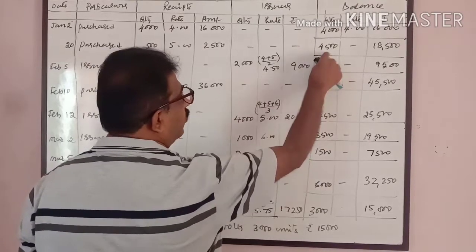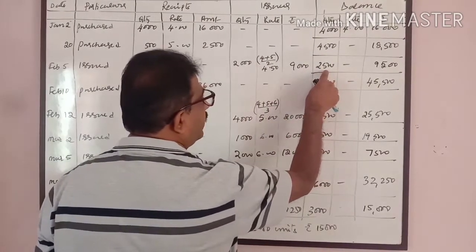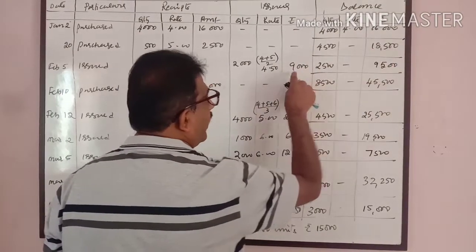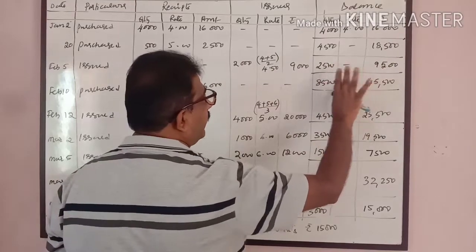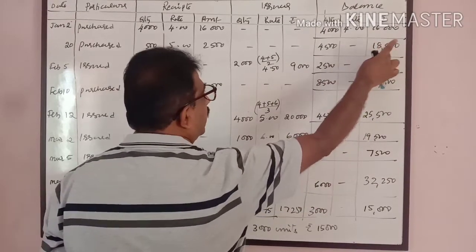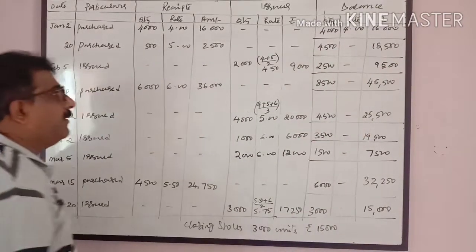The balance now, 4,500 minus 2,000 becomes 2,500. 18,500 minus 9,000, 9,500. No need to multiply any values here, just out of 18,500 deduct 9,000, straight away you write the balance here.